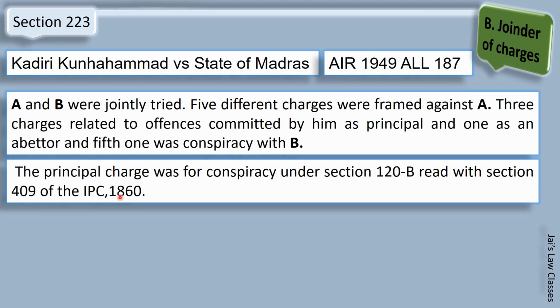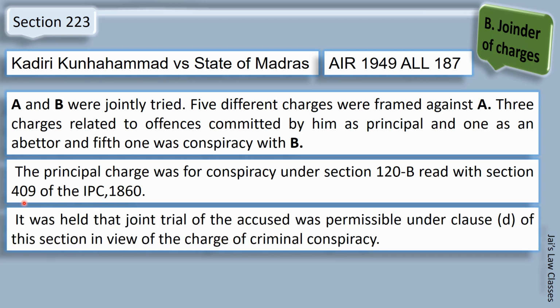They are different charges. No, the Supreme Court held that joint trial of the accused was permissible under clause D of this section. Clause D of this section means clause D of section 223, in view of the charge of criminal conspiracy.